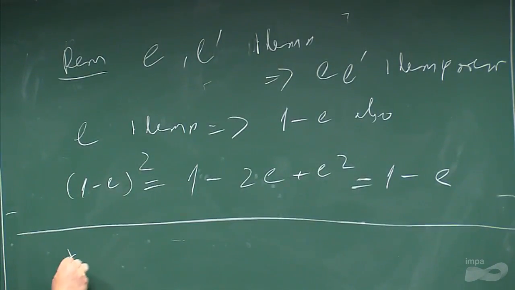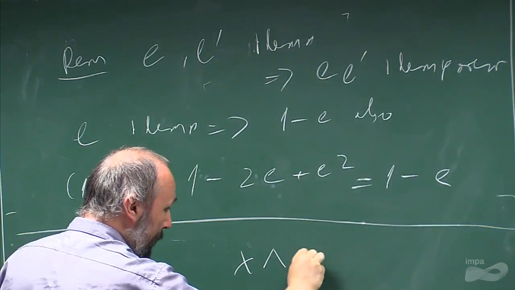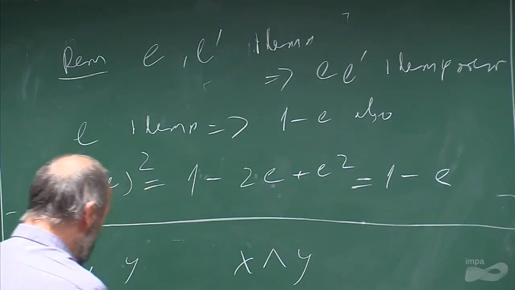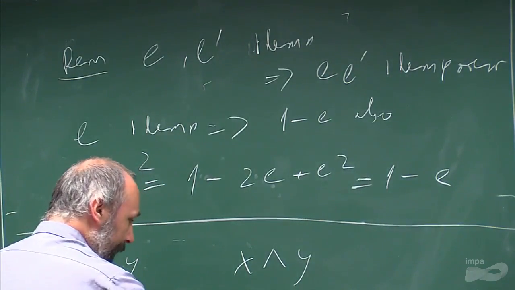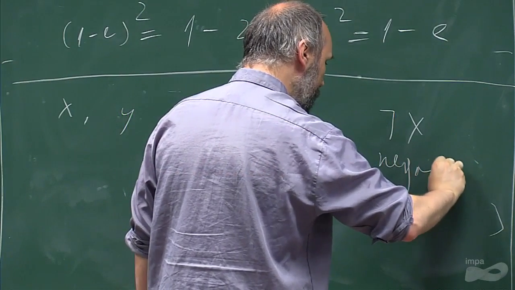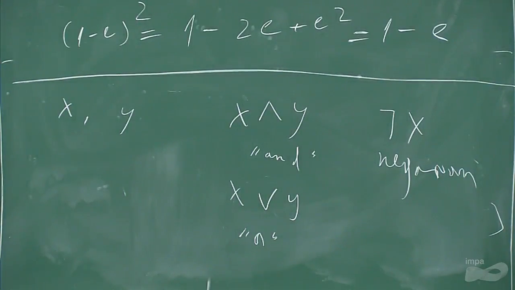You have x, y, you have x conjunction with y, which is AND, and you have x disjunction with y, which is OR. And you have negation. I'm not going to prove this.